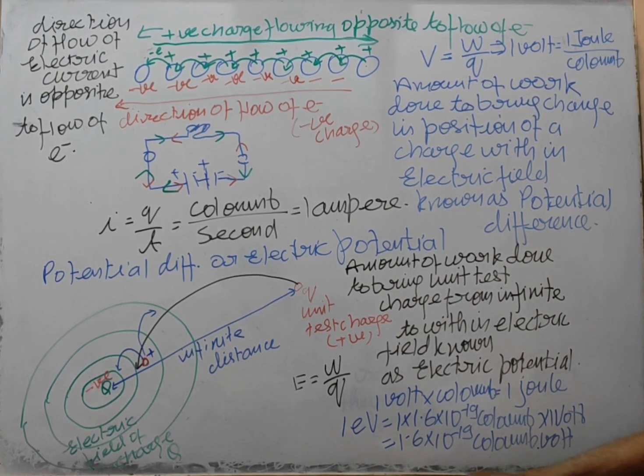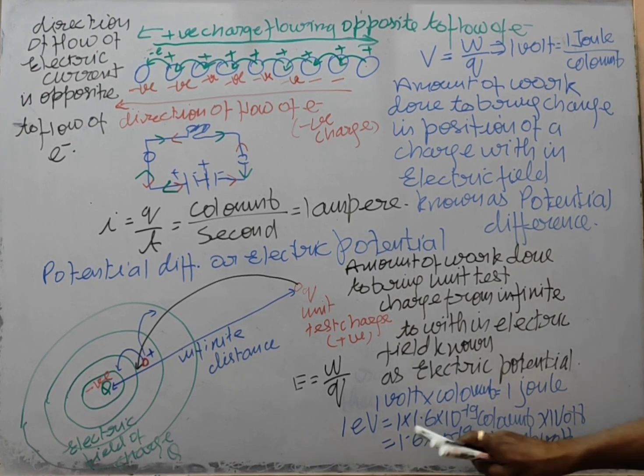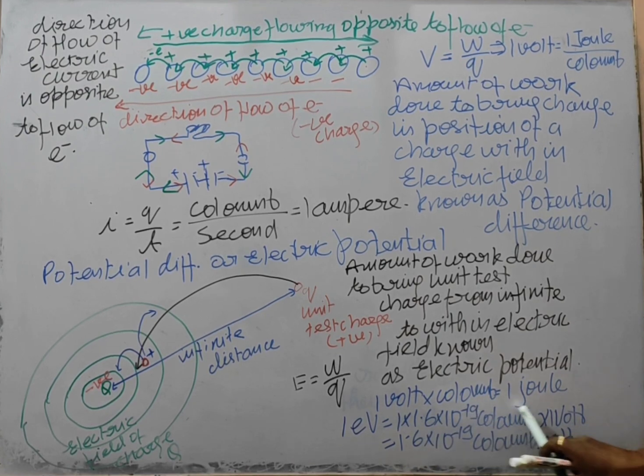So 1 electron volt is equal to 1.6 into 10 to the power minus 19 coulomb volt. 1 coulomb volt is how much? Here it is written 1 volt into coulomb is equal to 1 joule.